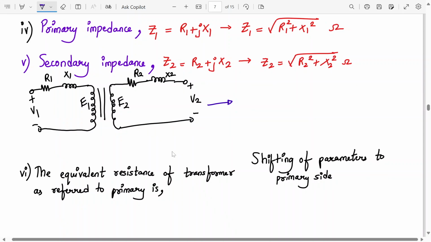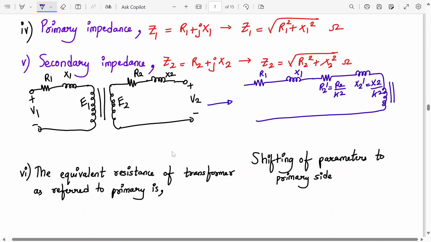So let's start. We'll write R1, X1, R2 dash, it becomes R2 upon K square, right? Then you have X2 dash, which is X2 upon K square. Please complete this.